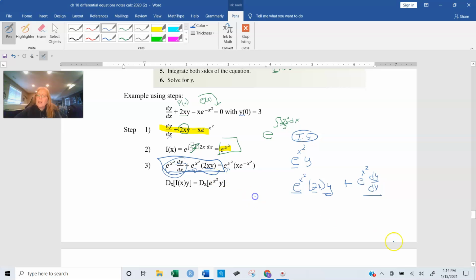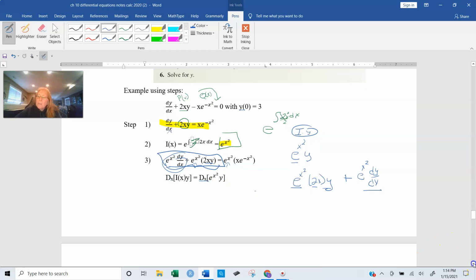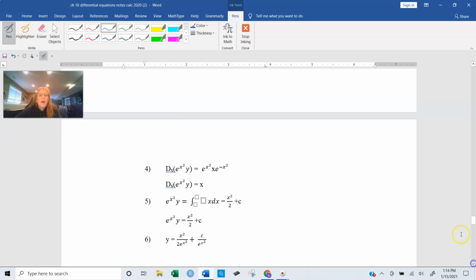Good so far. So now we rewrite the left side as the derivative of e to the x squared y, because that's what it is. And this is what was left over. Well, now e to the x squared times e to the negative x squared, remember we just add exponents? Well, x squared minus x squared is 0, so the e's are going to cancel. All right, now we take the antiderivative of both sides.